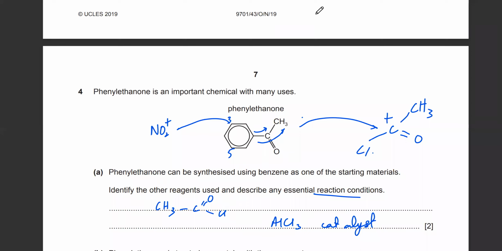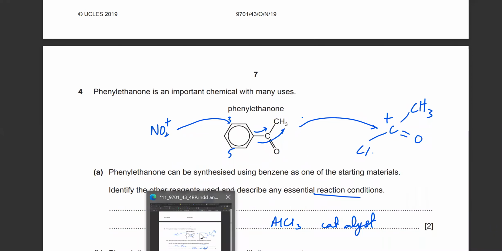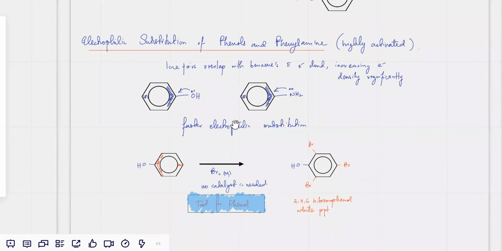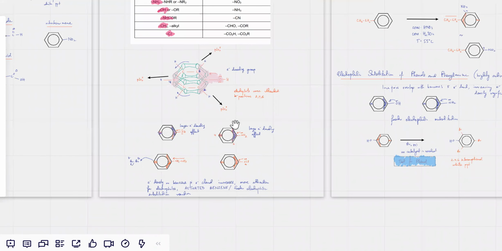So just remember that you should be aware of all these electrophilic substitution reactions in detail. You have bromination, chlorination, nitration, acylation and alkylation. And you have to remember which ones are 2, 4, 6 directing and which ones are 3, 5 directing.